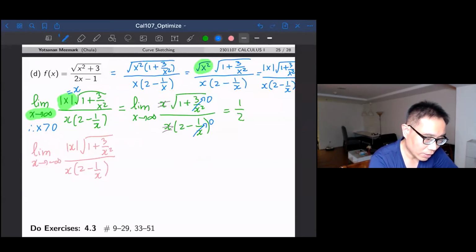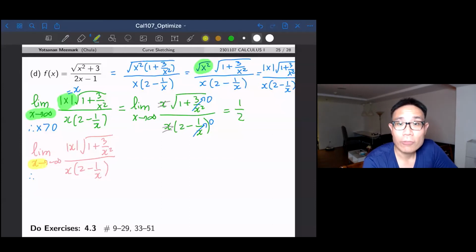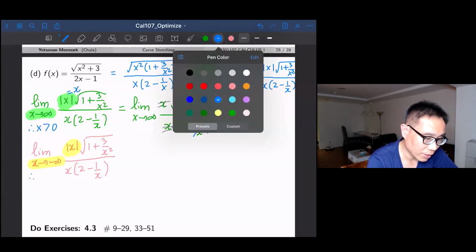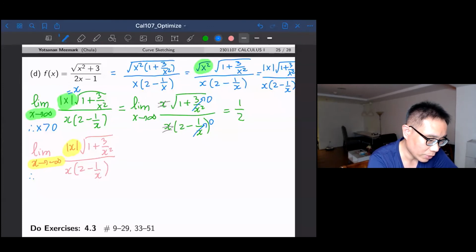In this case, like I told you, x going to negative infinity has an effect on the absolute value of x.